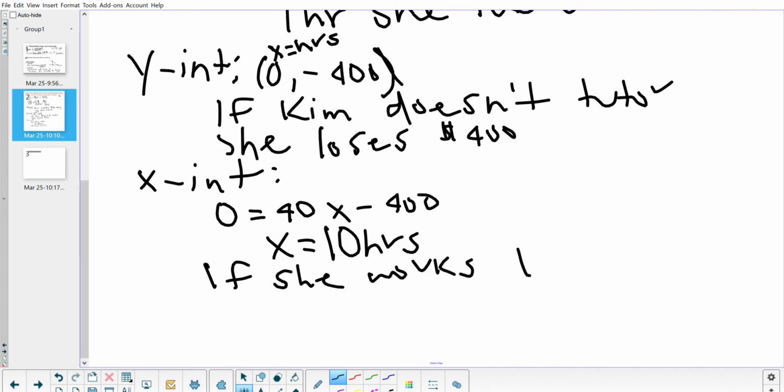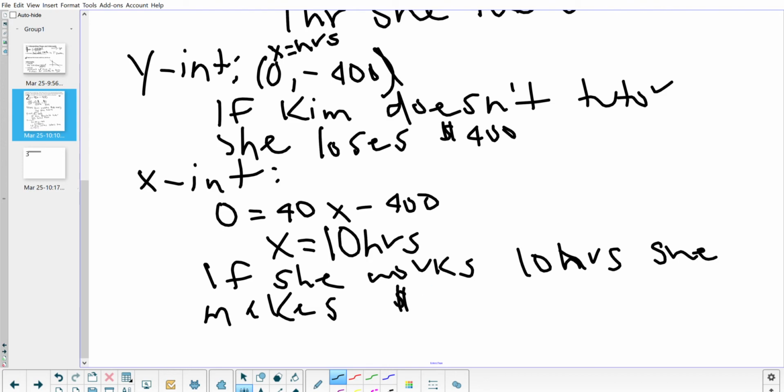If she works 10 hours, you could say a few things: she breaks even because of the rent, or she makes $0. So she has to work more than 10 hours to even make a profit in a month.